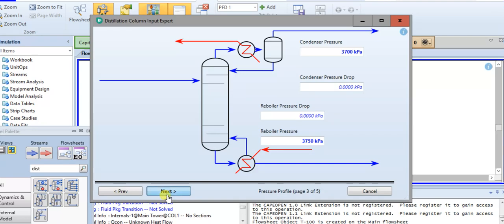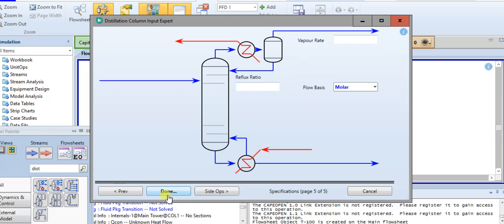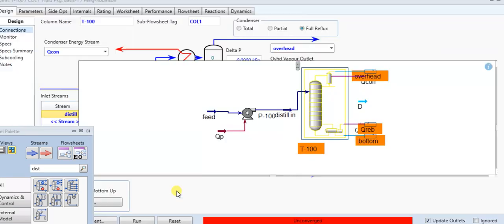Next, the estimate will be calculated, we don't need to give it. Next, reflux ratio is given as 2.5. Vapor rate is not given, and we say done.